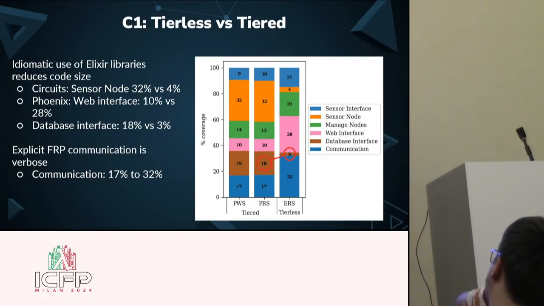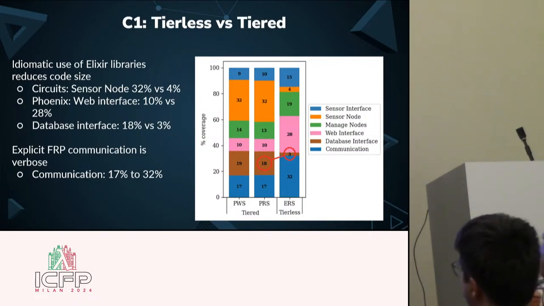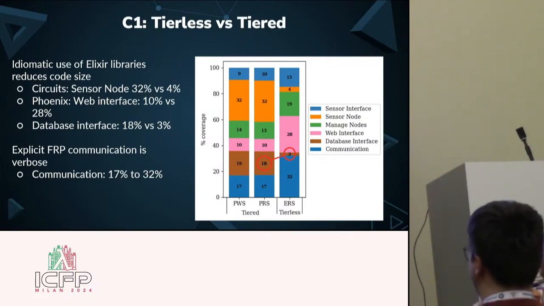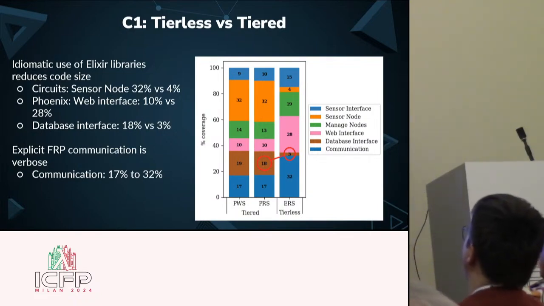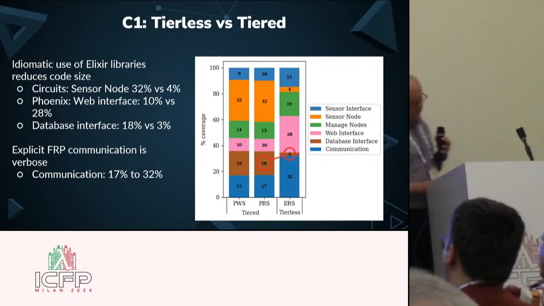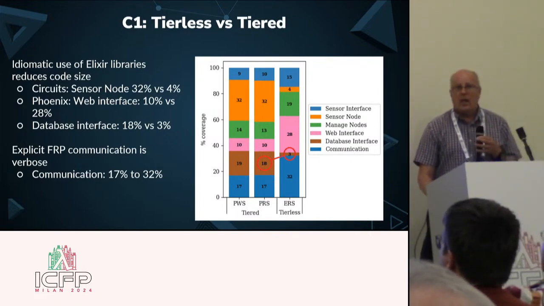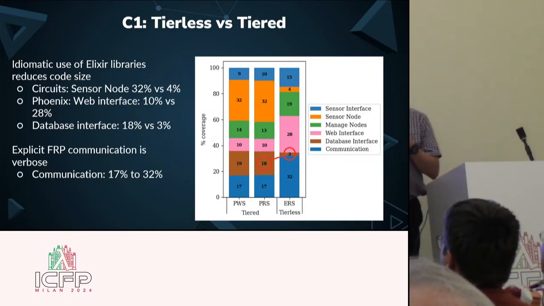The database interface also shrinks. The flip side is the FRP communication code is quite bulky, a bigger proportion of the code base. A bigger proportion of much smaller code. Indeed it is, yes.